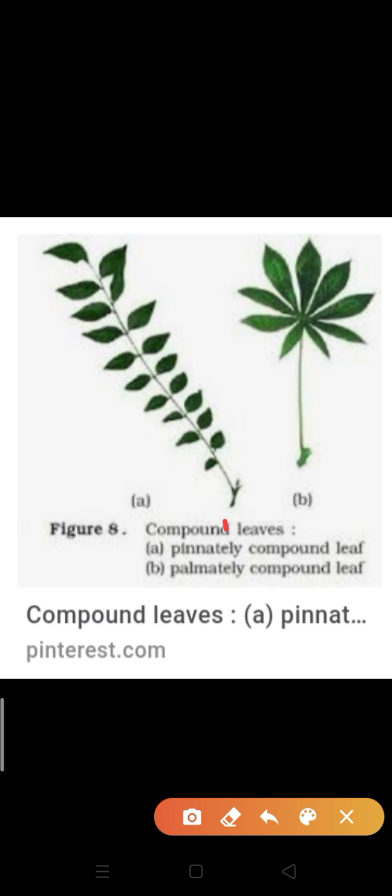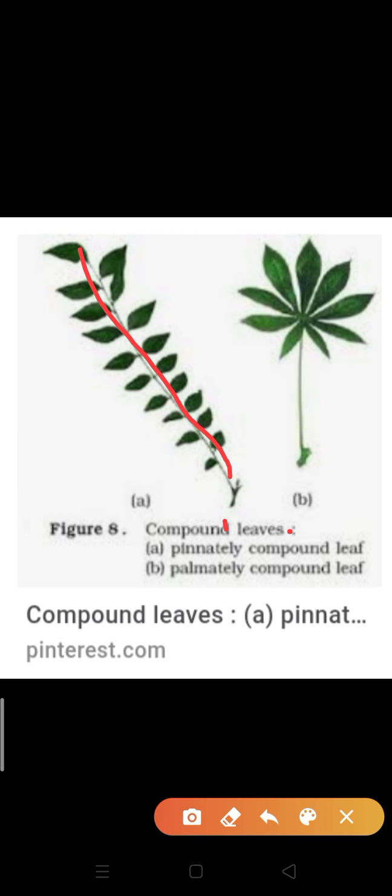We can understand it by this example. You can see the first form of compound leaf in the neem plant. In neem plant, many of you, I think, have seen, the leaf blade is incised up to the midrib, and the midrib is known as the rachis.